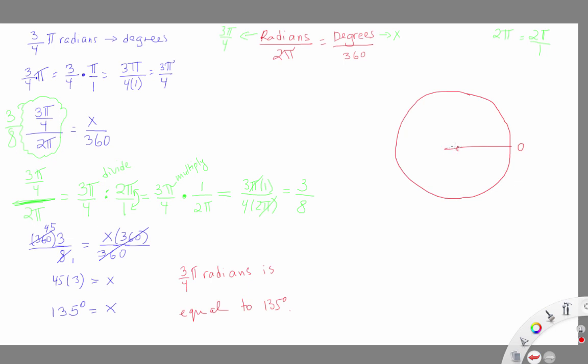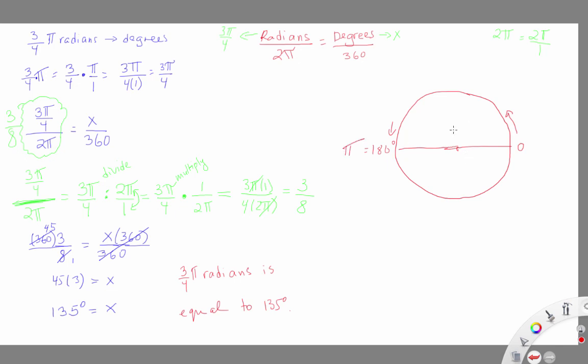And then if we go across to the other side, like this, halfway around, this will be equal to 180 degrees. If we talk about radians, this is going to be 0 radians, and this is going to be equal to pi radians.